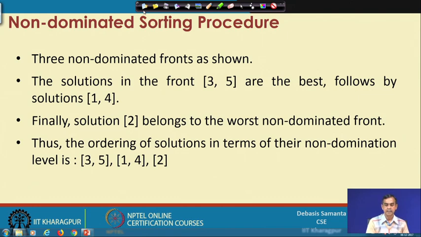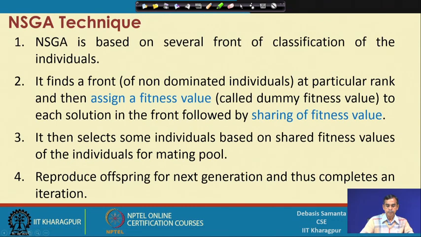So far as the ordering is concerned, all the solutions belonging to the first front can be termed rank 1, then rank 2 and rank 3. So, the non-dominated sorting procedure allows us to find the rank of all the solutions in the current solution set. This is an important fundamental concept in the non-dominated sorting genetic algorithm. Then we will discuss the basic techniques followed in the NSGA algorithm.